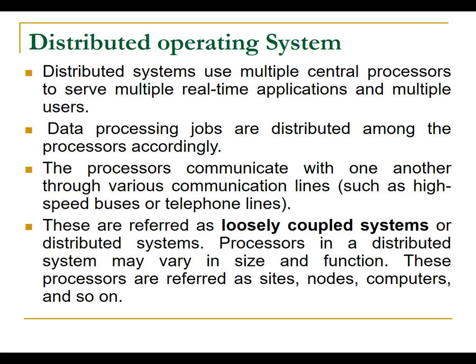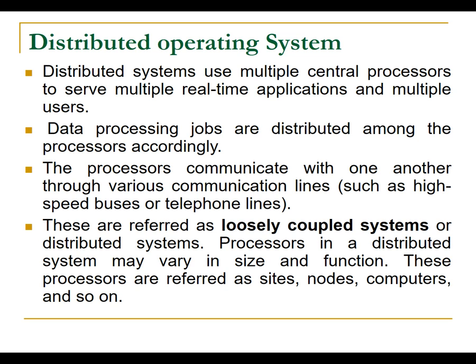At that time there was a dial-up connection, so telephone lines were used to communicate with different processors situated at different positions. But as time went on, new technology was introduced into the market, and high-speed internet connections with leased lines were introduced. So the data communication became faster.